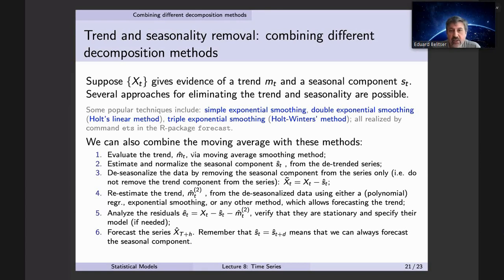And these three methods are actually realized by one command only. By option, you can say which one you want. It's the command ETS in the R package forecast. I was thinking of including this in this course, but that would be too much. So I just wanted to mention that here.